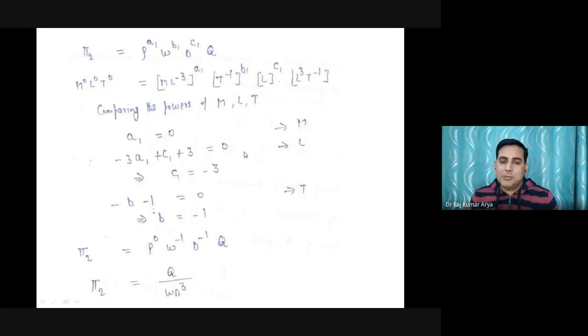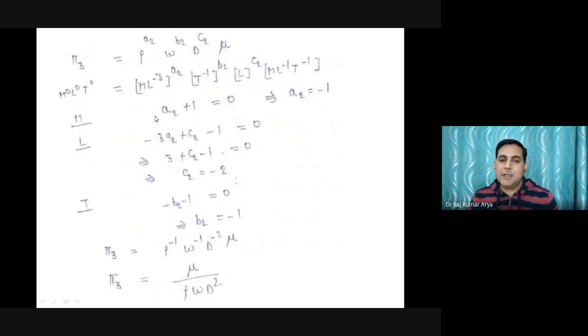Now we are left with the third one. So third is this with your viscosity. Do the same thing with the viscosity here. Calculate your constants a, b, c powers, and after that what you are getting from the viscosity is pi 3. This you are getting is mu upon rho omega d square.